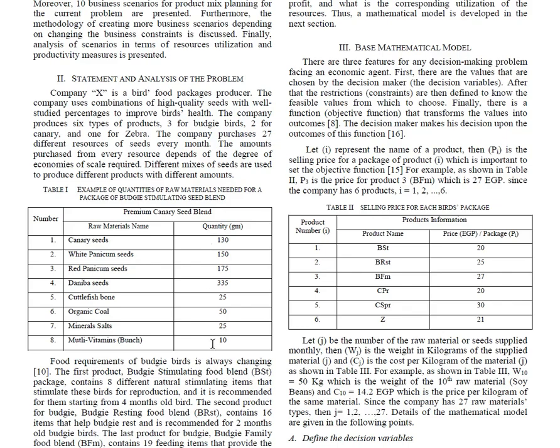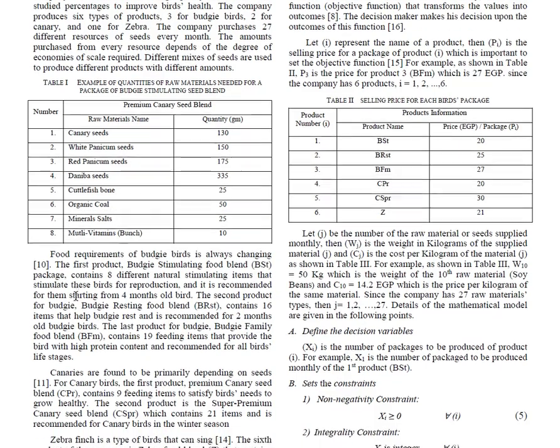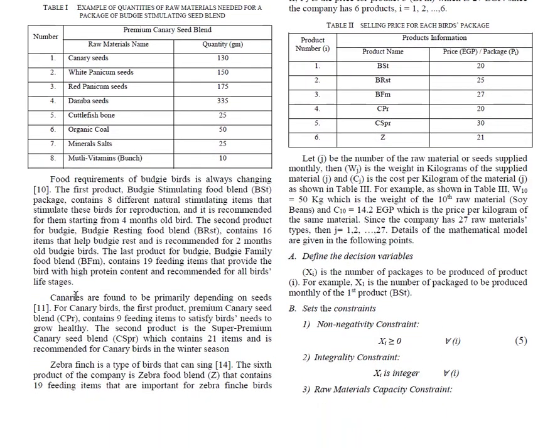So we add that up and we have our product, and that's good. The food required for budgie birds is always changing, which is something related to the bird itself. Some packages contain 19 feeding items, so each product has a different amount of raw materials used, or different raw materials used, but overall the 27 raw materials are used for the 6 products.